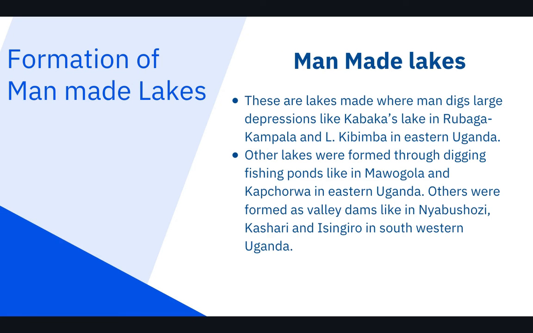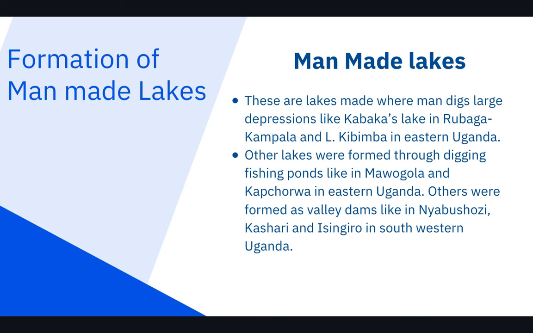That is it. Then we want to look at the man-made lakes. These are lakes made where man digs a large depression. For example, Kabaka's Lake in Entebbe, then in Kampala, and then Lake Kibimba in eastern Uganda, and other lakes. These are formed through digging fishing ponds like Maogola and Kapchorwa in eastern Uganda.